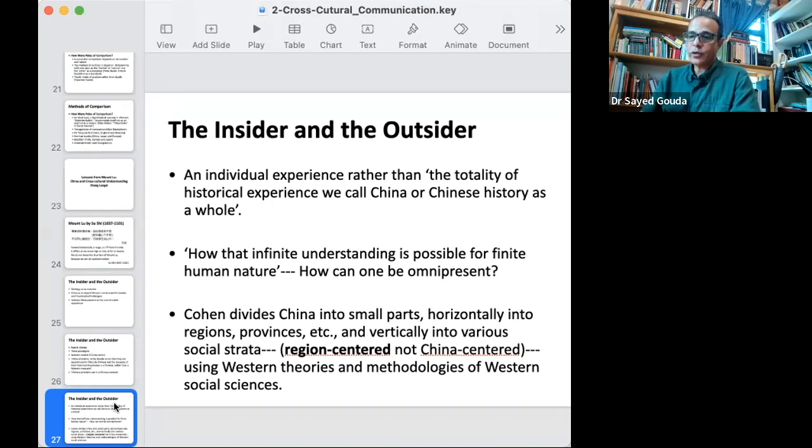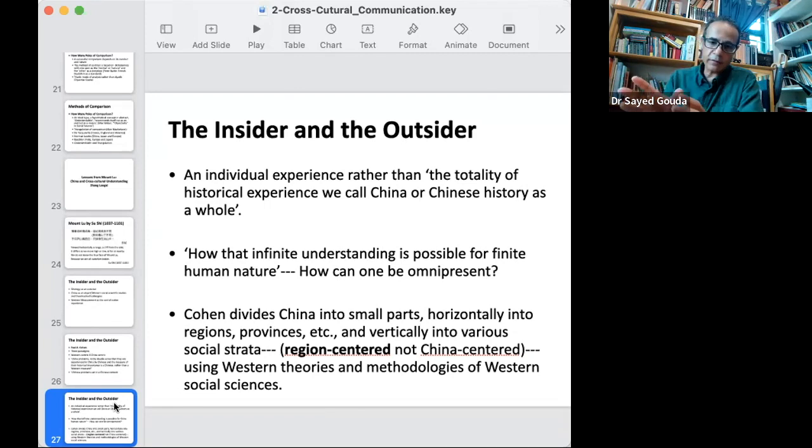And also using Western theories and methodologies of Western social sciences. But while we use their methodologies, we have to bear in mind and have this native point of view. We look at the Chinese history from a native perspective while using Western theories.